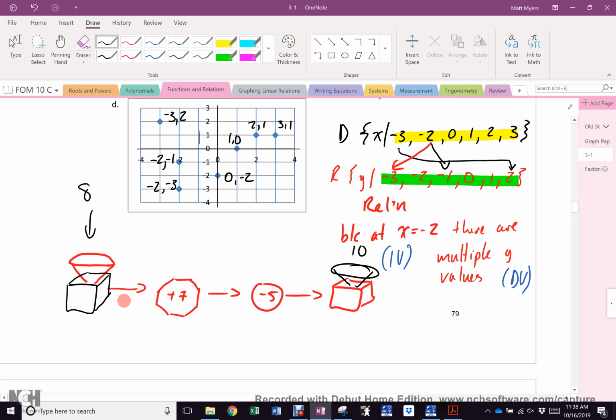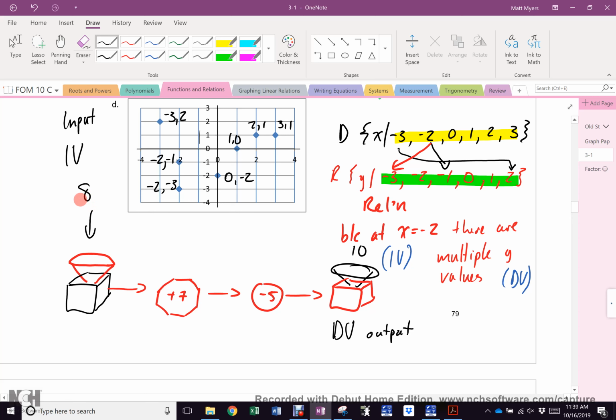There is no other number I could put into the input and get 10, is there? So that makes this a function. That makes this my IV or my input. This is my DV or my output, because my output depends on what I did to the input.